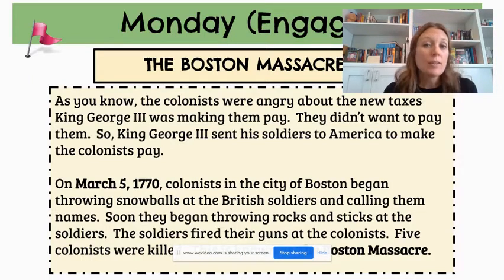And after a while, they started to throw rocks and sticks as well. Well, one of those soldiers had had enough of that, and he shot one of the colonists. So suddenly there's rocks and sticks being thrown, and then there were soldiers shooting. And in the end, 5 colonists had died, and they started calling this the Boston Massacre.